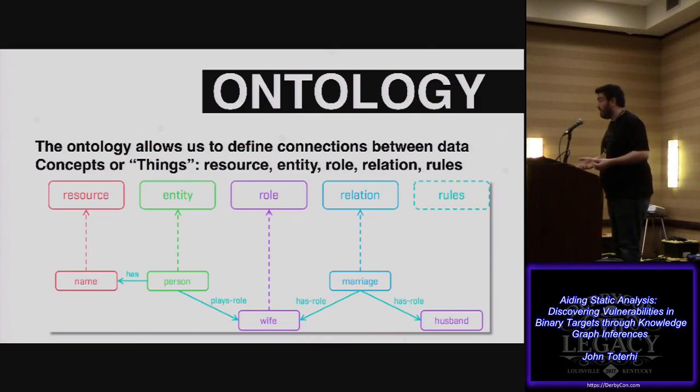That person can also play a role, like a wife or a husband. And that role is just something that they play, right? They can also play a batter or a pitcher, right? And then there's relationships that connect roles that people play together. So you might have a relation called team member, and that would connect a first baseman to a second baseman, which are roles that entities play, okay? And then there are rules.